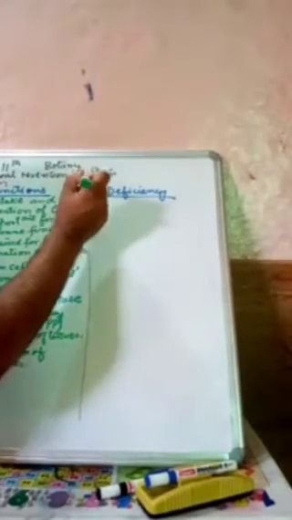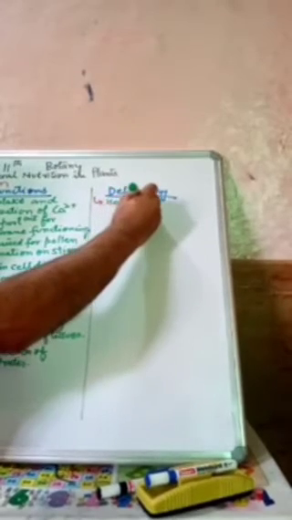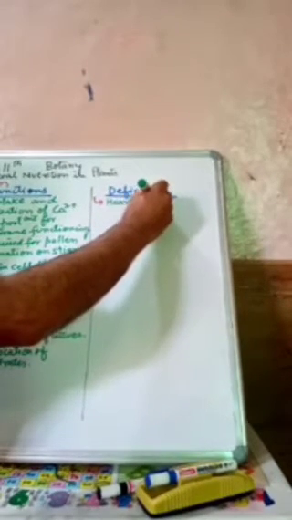Now, what are the deficiencies? Boron deficiency causes a disease called hot rot of beet root.